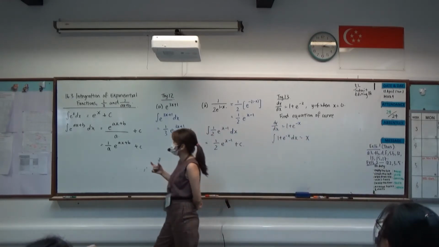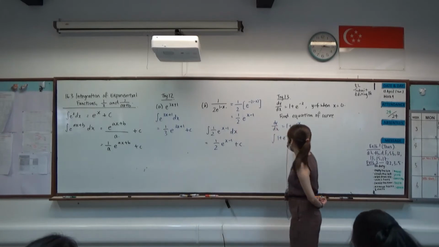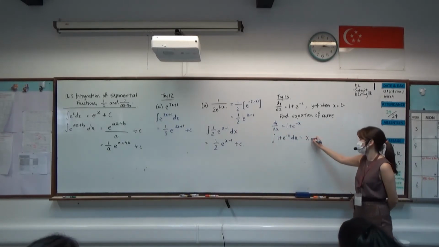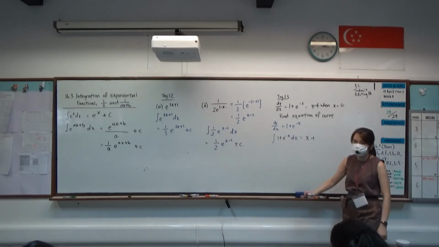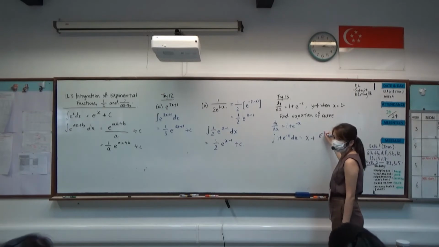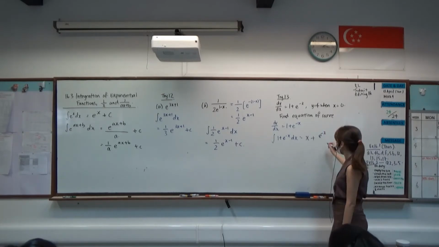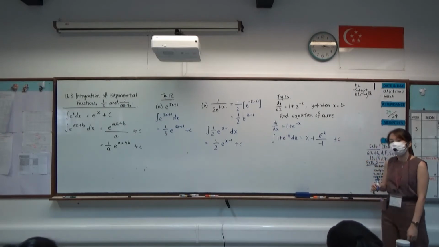Integration of exponential is always keep the same thing divided by coefficient, right? So what do you think it should be over here? You keep the plus. Integration of e to the power negative x, we will get e to the power negative x over negative 1. Anything else? Plus c. Okay, great.